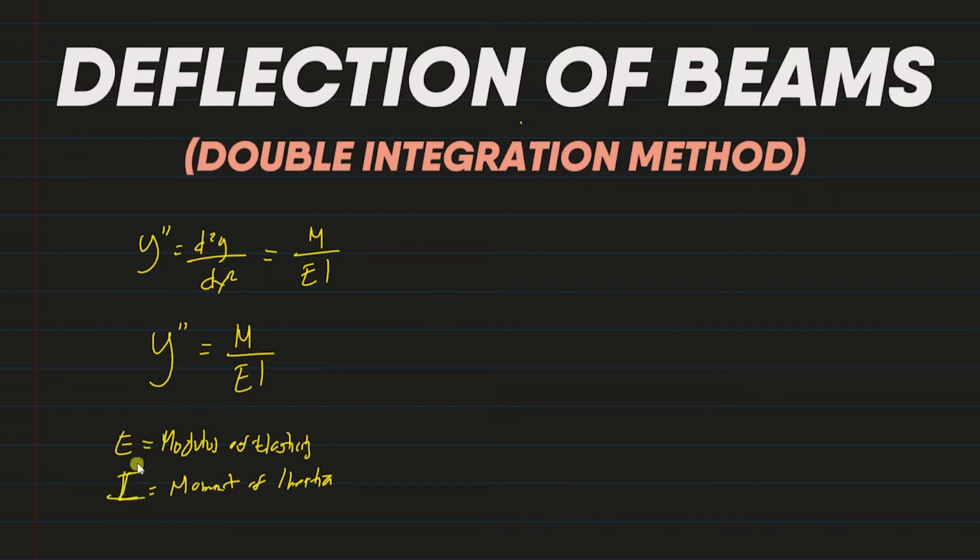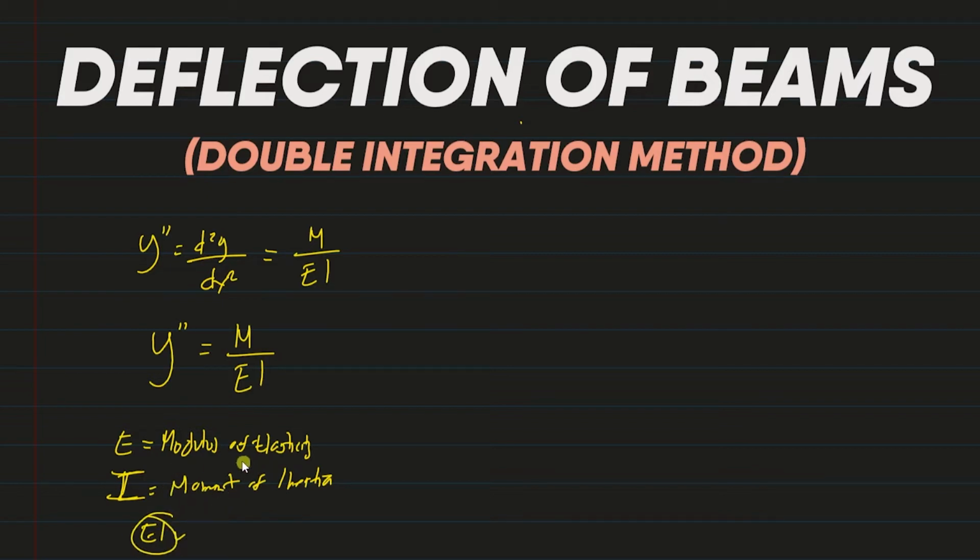Most of the time naman, given itong E and I. In most problems that you will encounter, these are all given. But if it's not given, you could solve it basta given yung dimensions ng cross-section. Sometimes, ibang mga problem, yung given is the flexural rigidity. Kapag yun yung given, it's just the same as EI. The product of EI is equal to flexural rigidity. So, if that's the given, EI na yan.